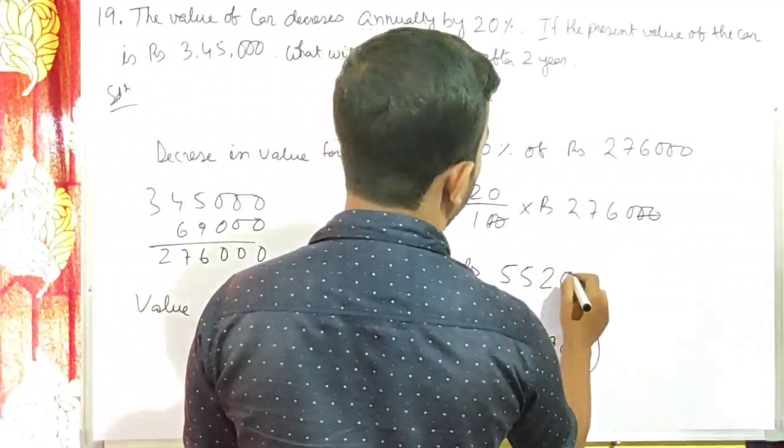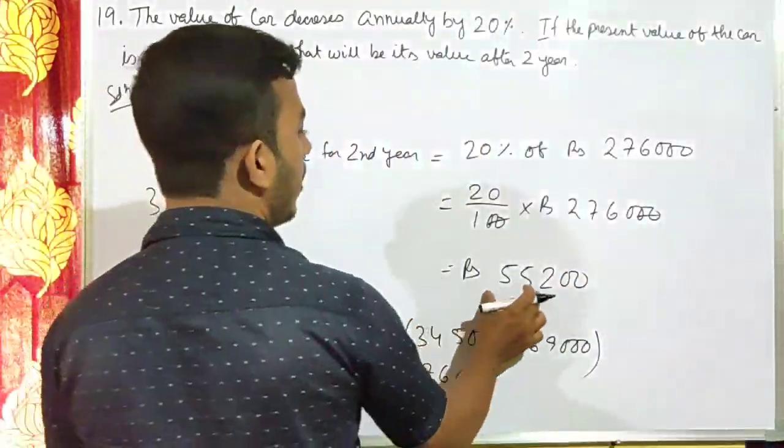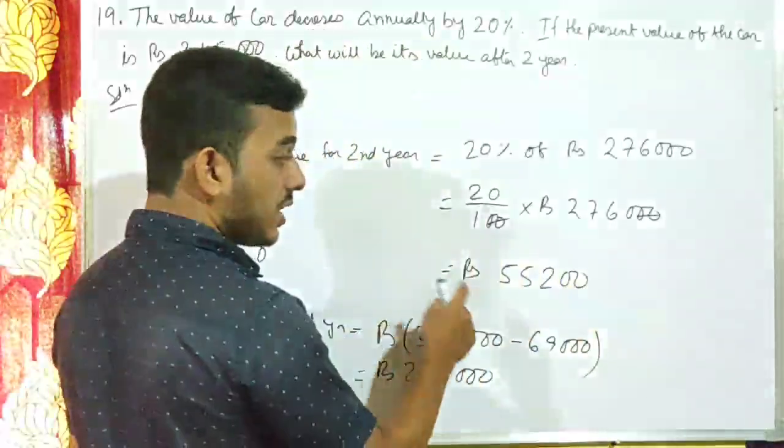Then this 0. That means this amount will decrease.